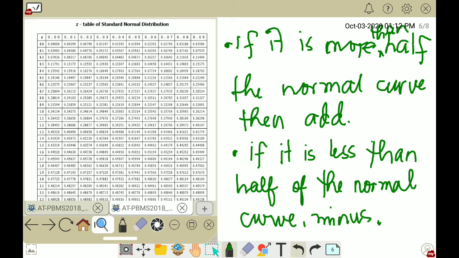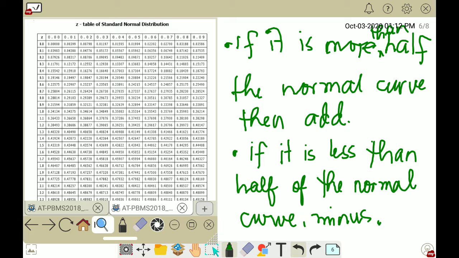Okay, again class, take note of the terms at most and at least. When we say at most, we are determining a specific value that is the greatest value it could possibly have. Meaning, all the remaining values are less than that given value if the term at most is given.